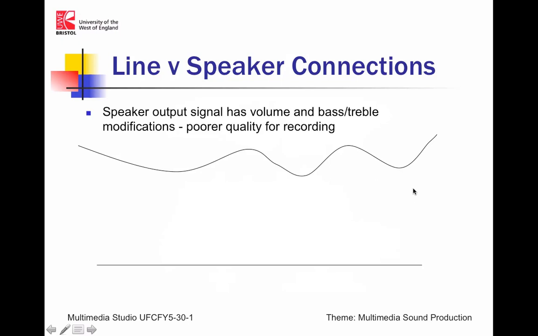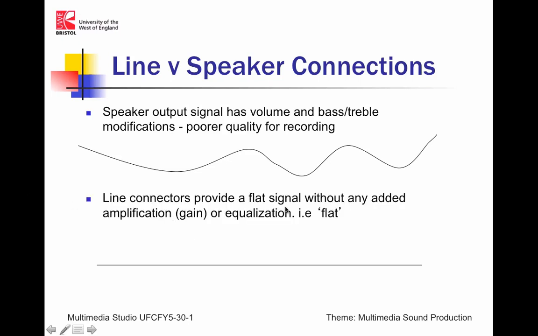And so the speaker output signal has volume and bass treble modifications, and therefore it has a poorer quality for recording, whereas the line connectors give a flat signal. The word flat comes from the fact that the signal waveform is flat, so there's no amplification or gain, as it's called, or equalization, modifications of bass, treble and mid-range and so on.